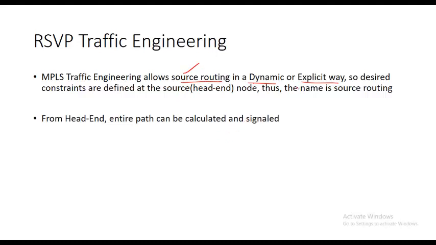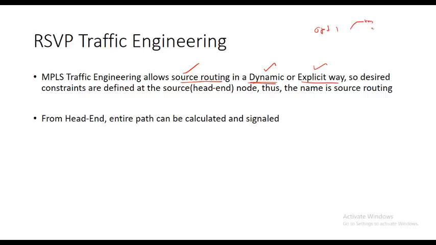I told you in the previous class while I was closing the session. You can also say path option 1: use the upper path. If the upper path doesn't have enough bandwidth, or if the upper path fails, then option 2: just follow what the routing table has got. That is the explicit way of traffic engineering.